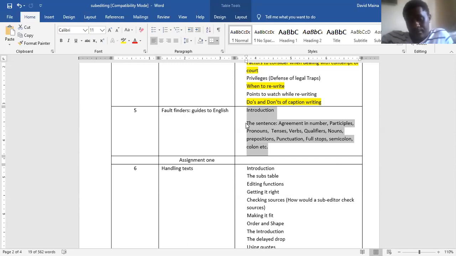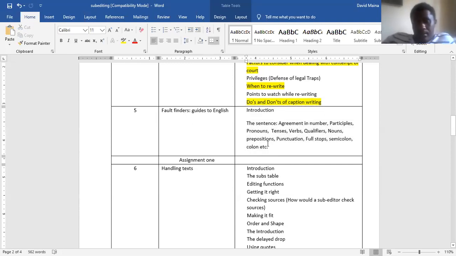And when you're talking about fault finders again, we are going to realize that some things that we do are the ones that make our reader not read the newspaper. Some mistakes we do knowingly and sometimes unknowingly, mostly unknowingly. Like writing the headline in the past tense or in the present continuous tense.